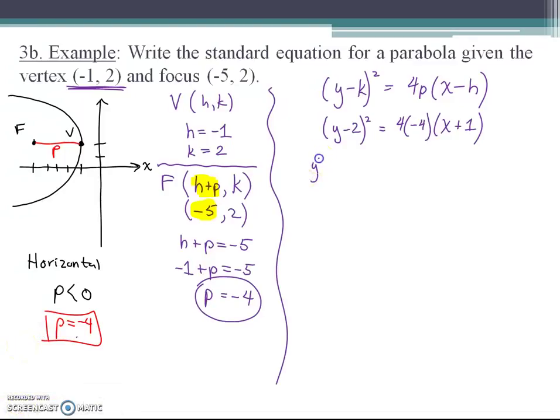So we get y^2 - 4y + 4 = -16(x + 1), an intermediate step, which we're going to distribute. So -16x - 16. We're going to bring everything over to the left-hand side to get y^2 - 4y + 16x + 20 = 0. The classic error is forgetting to distribute.